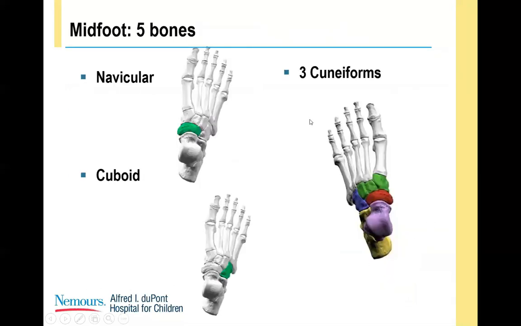The midfoot has 5 bones. There's the navicular that lines up with the head of the talus if the talus is lined up correctly. There's the cuboid, which is on the outside of the foot and sits behind the base of the 5th metatarsal. Often, if you have a clubfoot, there is a prominent bone that comes out.